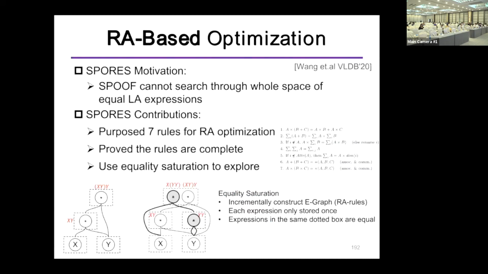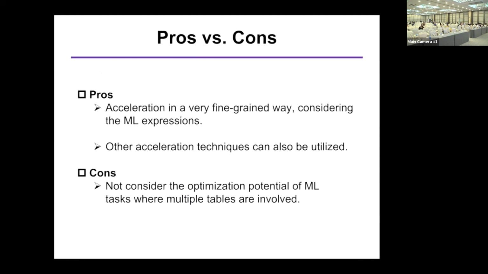SPORES provides 7 rules for RA optimization. They prove that the rules are complete, and they use equality saturation to explore the rule space of the RA optimization.